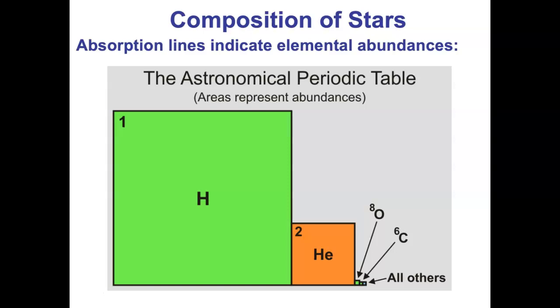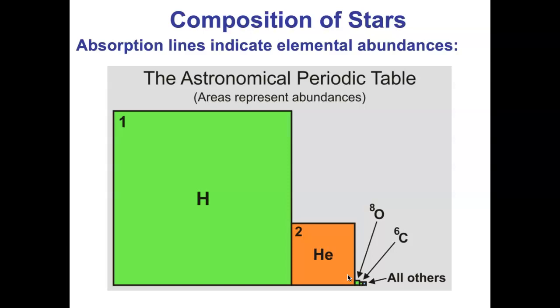Our universe, all the stars, all the nebulae, is overwhelmingly hydrogen, with a lot of helium and a little bit of everything else. Oxygen, carbon, iron, calcium, silicon, gold, uranium, all of it.